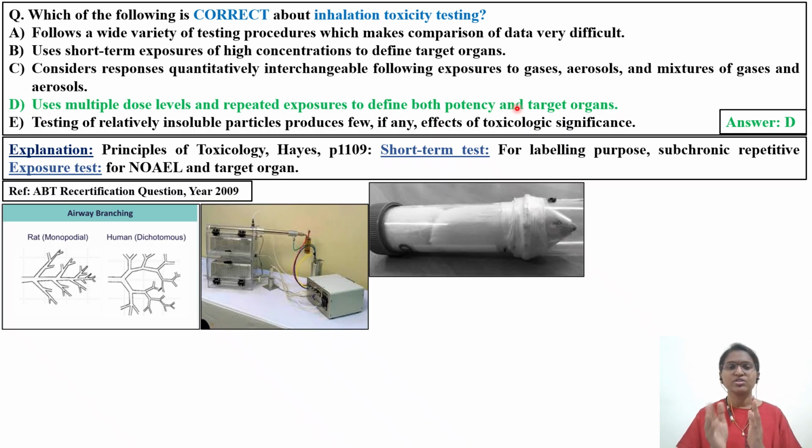You can pause and go through why the other options are not applicable to inhalation toxicity testing. Follow a wide variety of testing procedures which makes comparison of data very difficult. Uses short-term exposure of high concentration to define target organs: this should be applicable to acute toxicology.